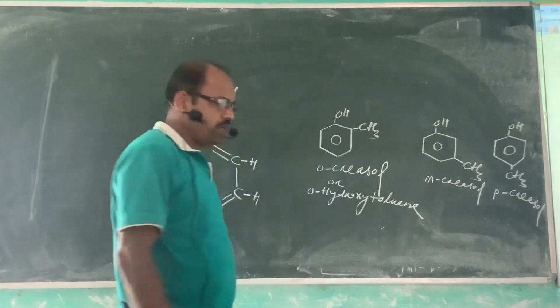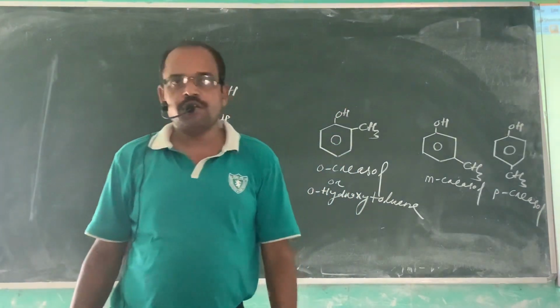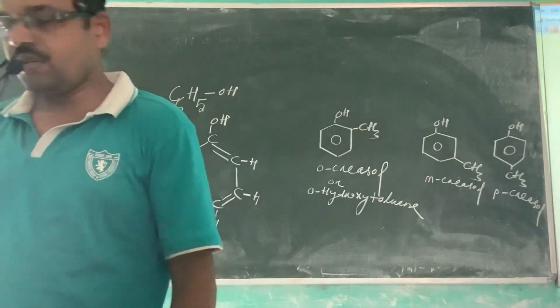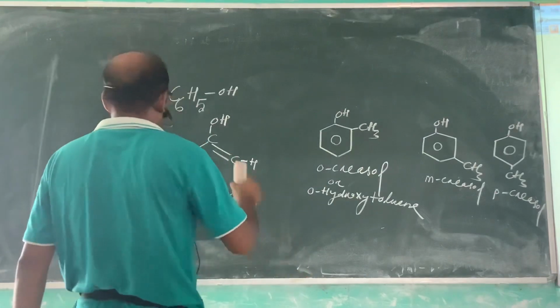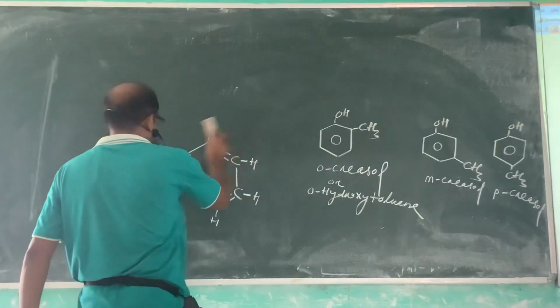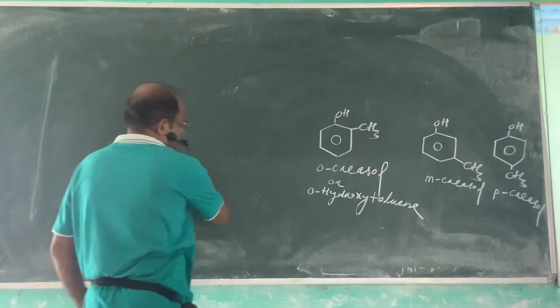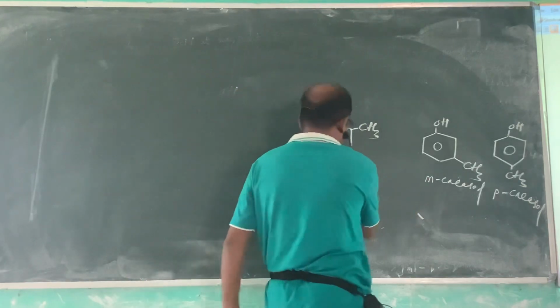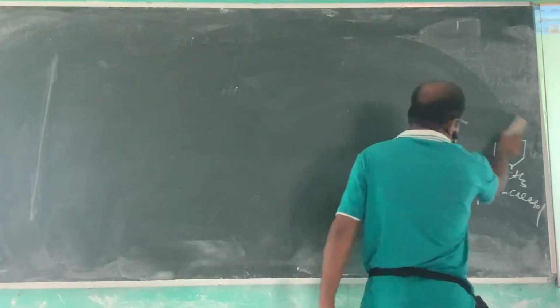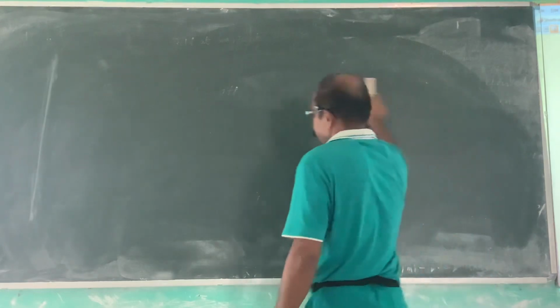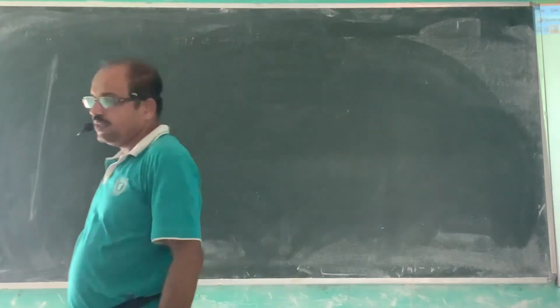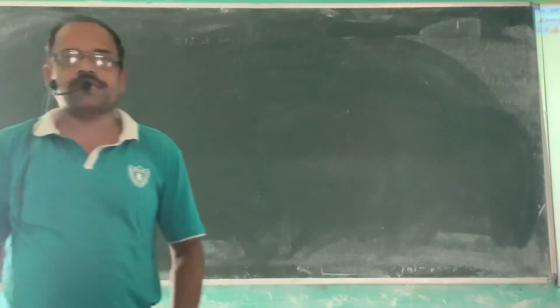Let us consider methods of preparation of phenol. How to prepare phenol? First method of preparation of phenol: from aryl halide by Dow's process.